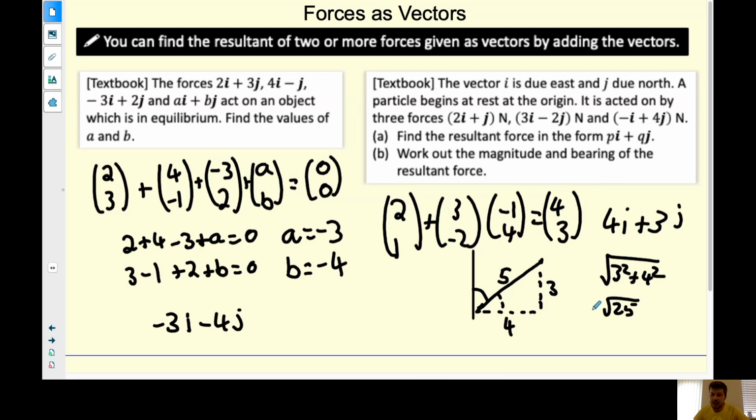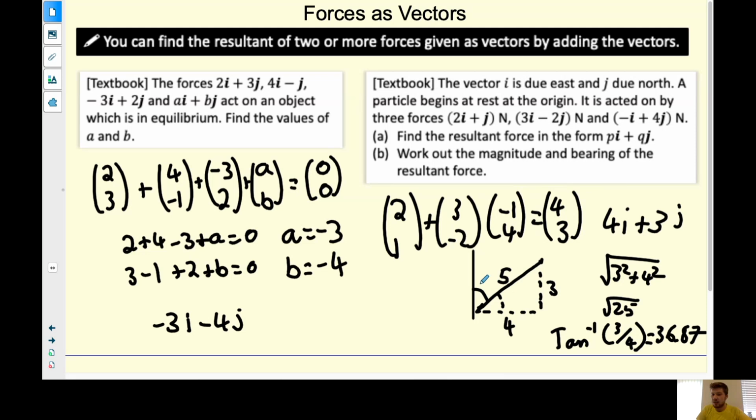So therefore, to work out this angle, I'm going to do the inverse tan of my opposite over adjacent, the inverse tan of 3/4. And let me just work that out. I have not prepared this earlier. So if I work out 3/4, 0.75, and do the inverse tan, that would give me 36.87 degrees.